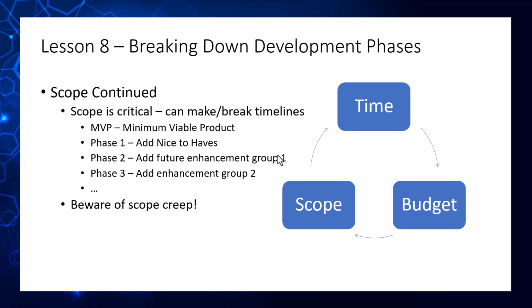Just keep in mind that if you're hiring freelancers or agencies to go and build out your application, if you tell them, hey, I want to build out this MVP, and then maybe a year later I want to start doing phase 1, and a year after that phase 2, you're not going to be guaranteed to have the same team members building out your phase 1 as whoever built out the MVP.